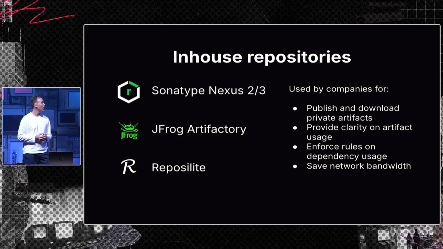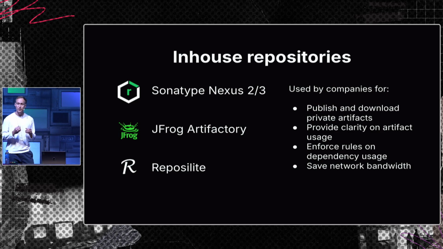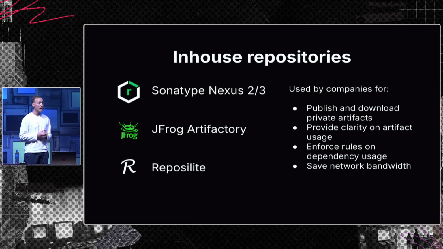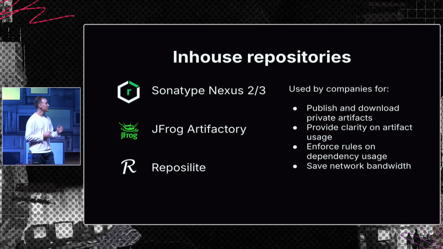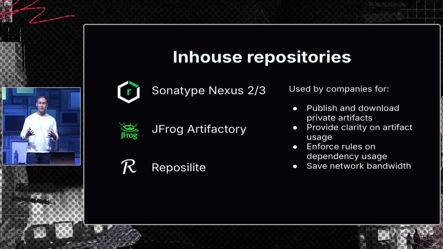When I researched this infrastructure, I realized that a lot of companies do not actually download their dependencies or libraries from Maven Central directly, but have their own in-house repositories powered by the same products. These products are installed in the corporate networks, and they store all the private artifacts that companies don't want to make public.